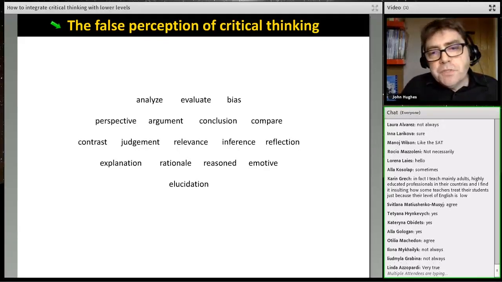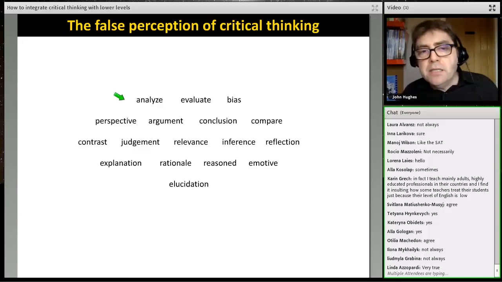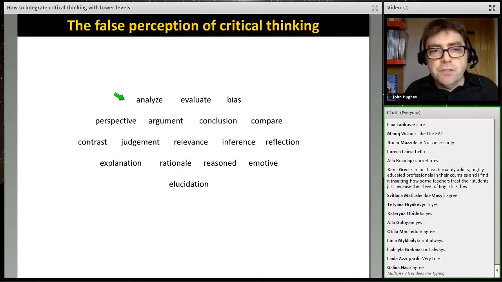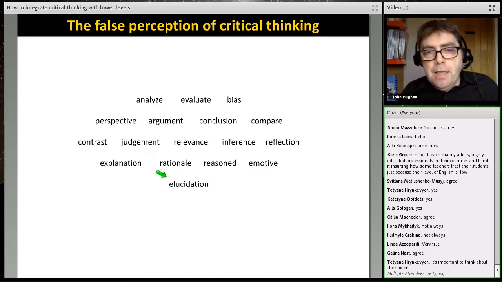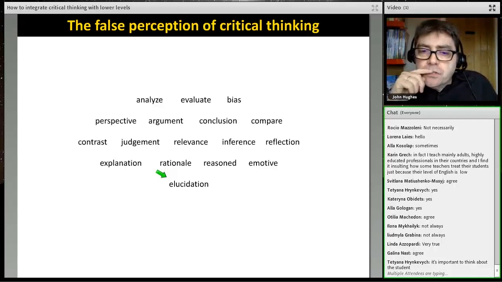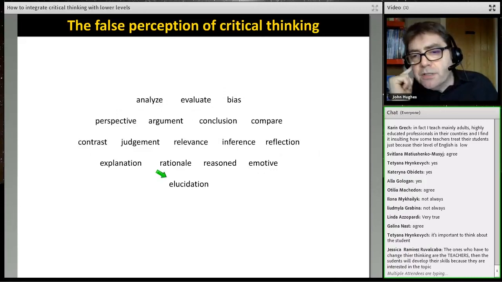The false perception is this: we often use words like analyze, evaluate, bias, perspective, judgment, relevance, even a word like elucidation. And you see these words used in course books. But what level of student do you think, what level would they need to be in order to understand those words?